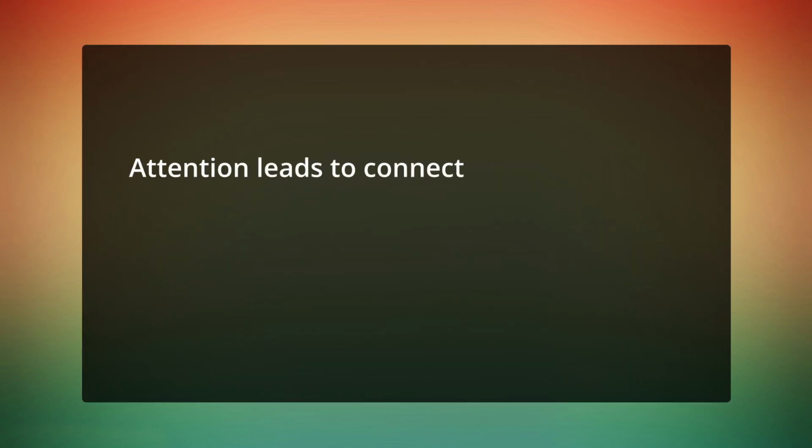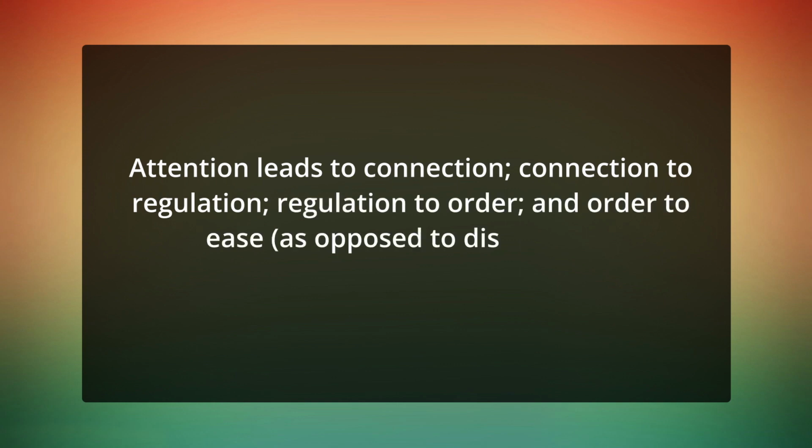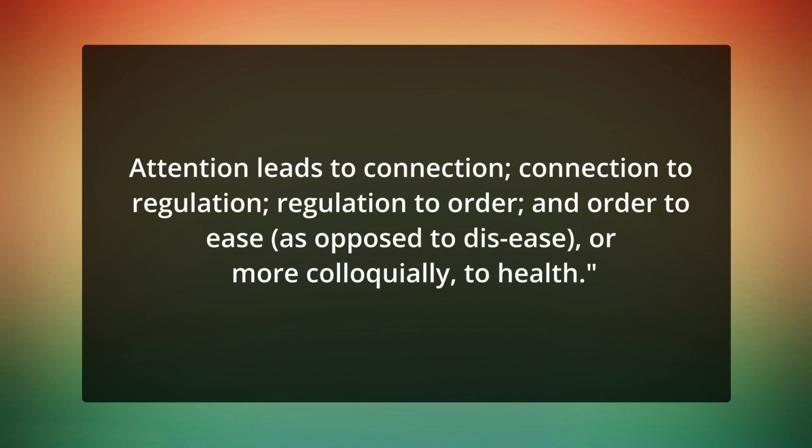To start mending yourself, make room for yourself and pay attention to your inner processes. According to John Kabat-Zinn, which I quote, attention leads to connection, connection to regulation, regulation to order, and order to ease, as opposed to disease, or more colloquially to health.